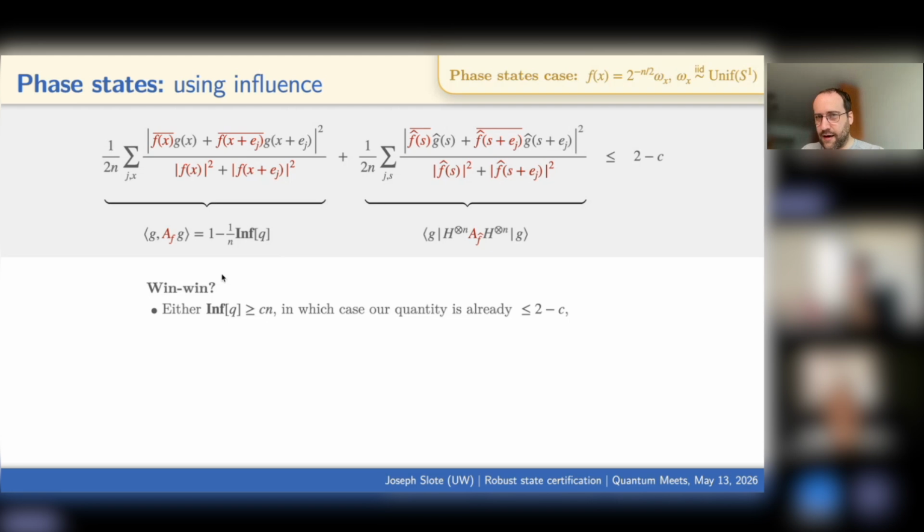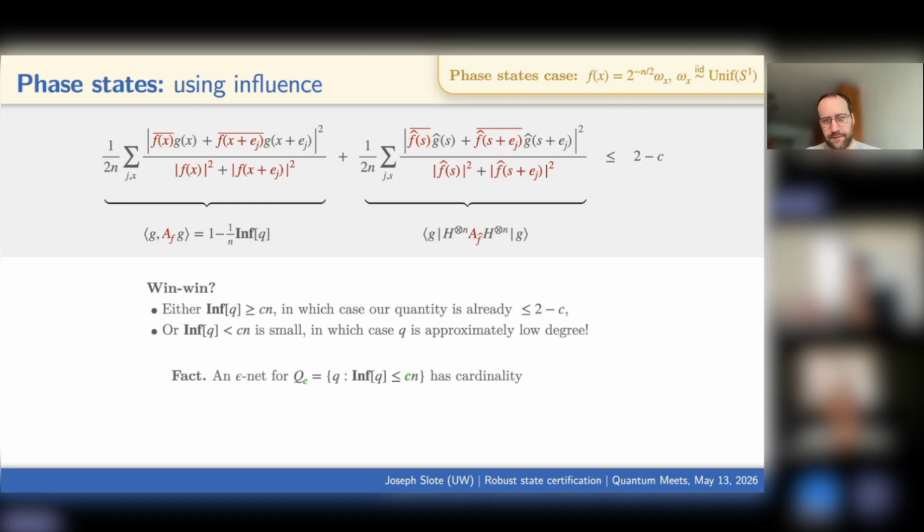Okay, so if it's small, morally what this means is that Q is kind of low degree. And we know lots of stuff about low degree Boolean functions. In particular, we know that there aren't so many low influence functions.